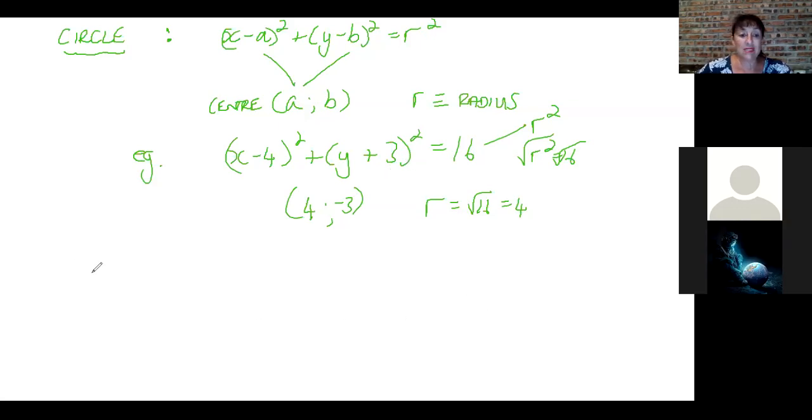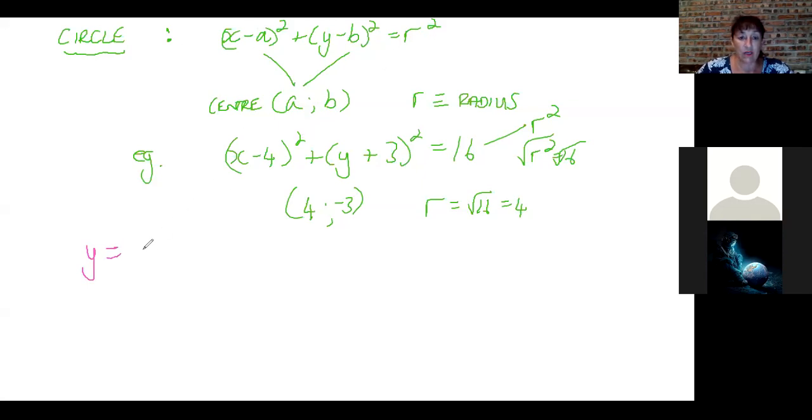Now the problem is that they don't always give it to you looking like that. They might give it to you in a different form, and then you need to rewrite it in the correct form.